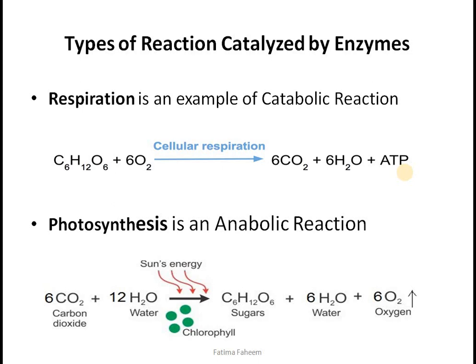ATP stands for adenosine triphosphate. So in respiration, glucose molecule is being broken down in order to release energy in the form of ATP, while the two other components which are being formed are carbon dioxide and water.